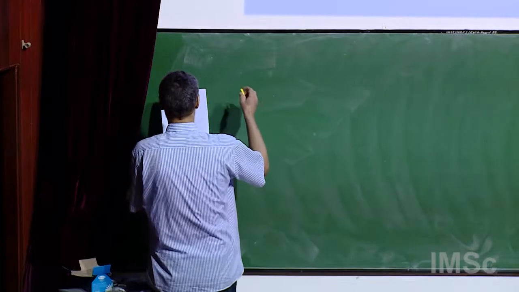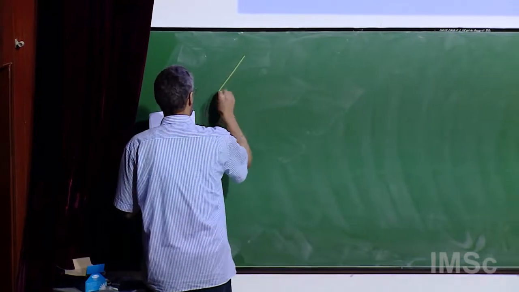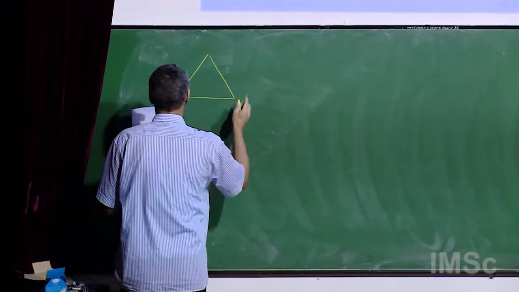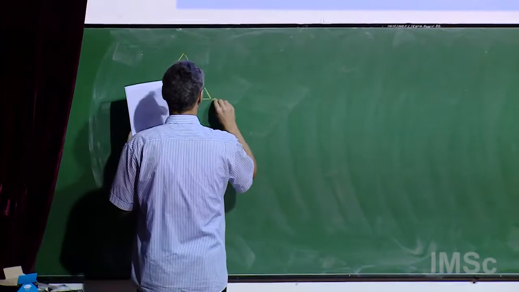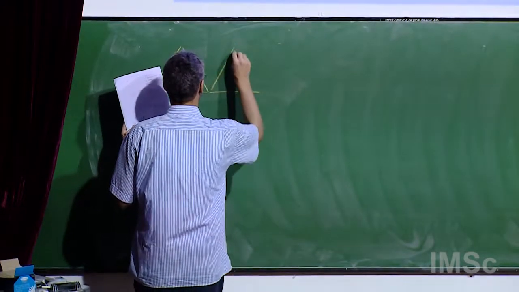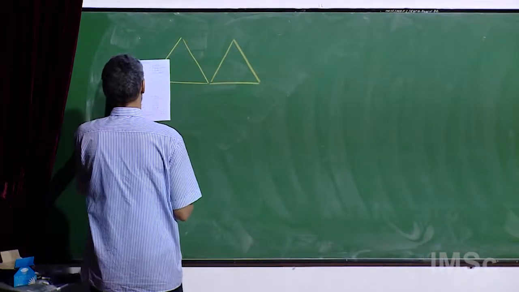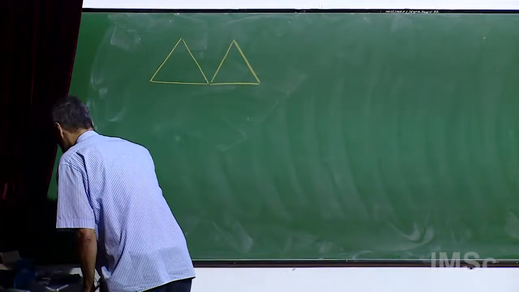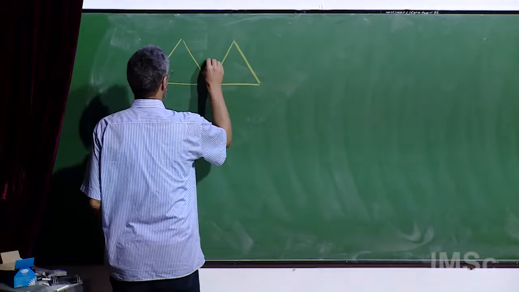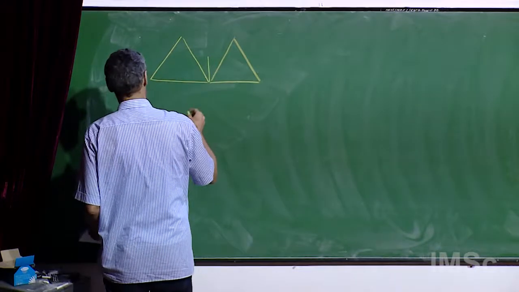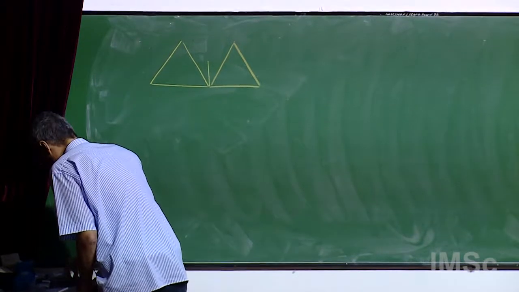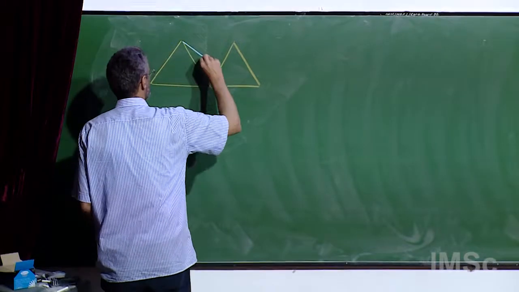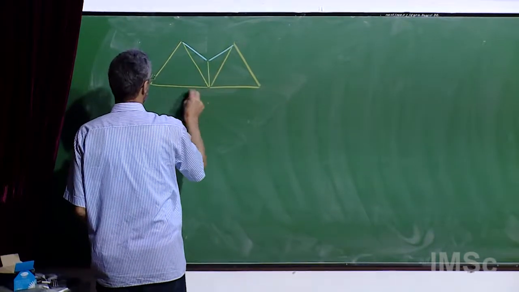So I would like to draw edge-sharing octahedra, because the iridium sits in the middle of these edge-sharing octahedra. So maybe like this. And maybe the blue one is the back side of the octahedron.